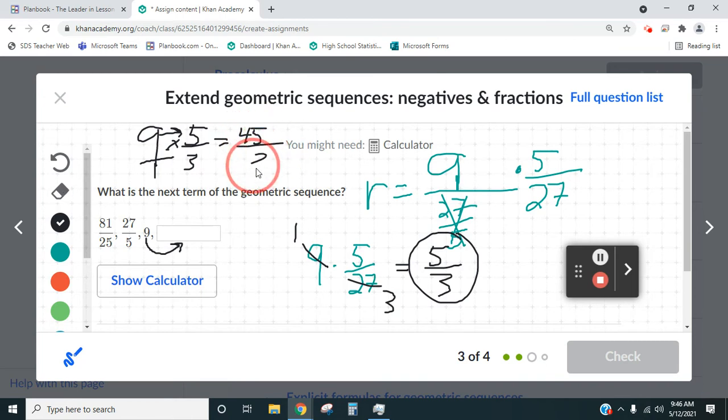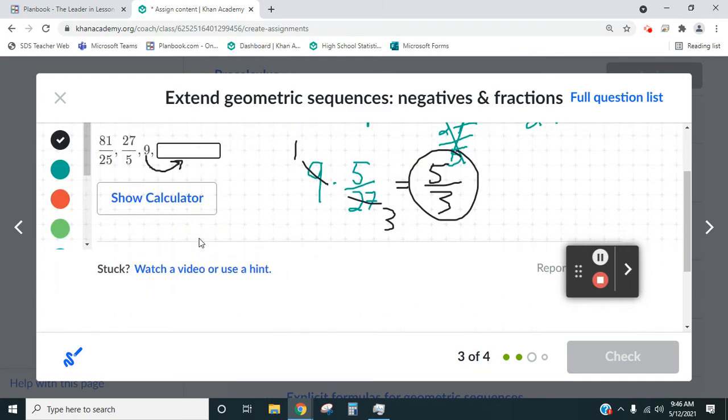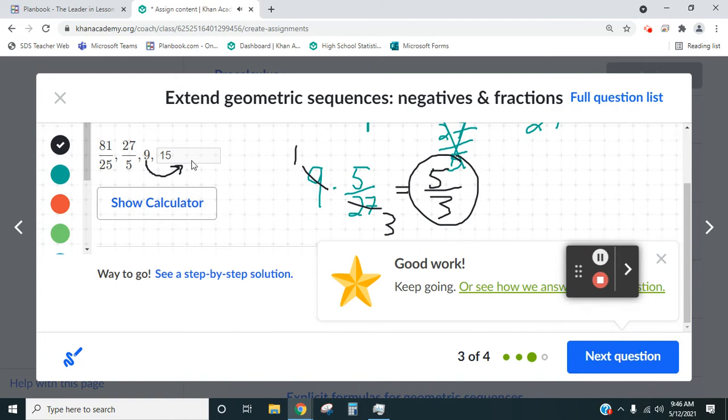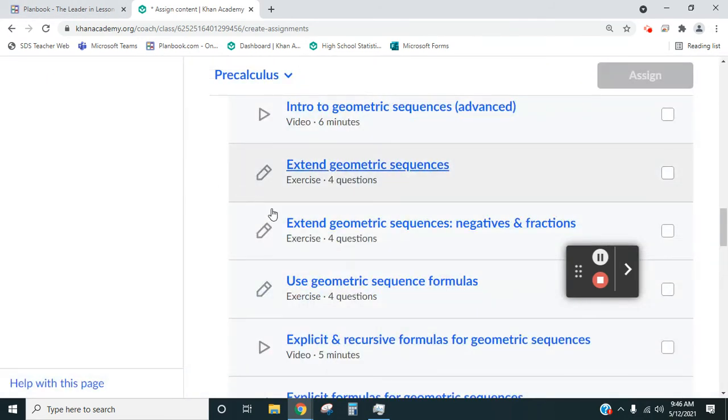Over, what's 3? 15. You could have also done it the same way we did a second ago. Can't you reduce diagonally? This would be 3 over 1. And so you're left with 3 times 5, which is a little faster. That's the next number in the list. Easy peasy.